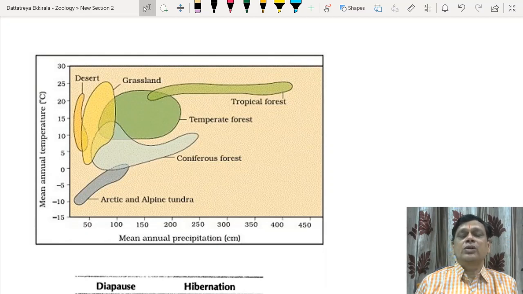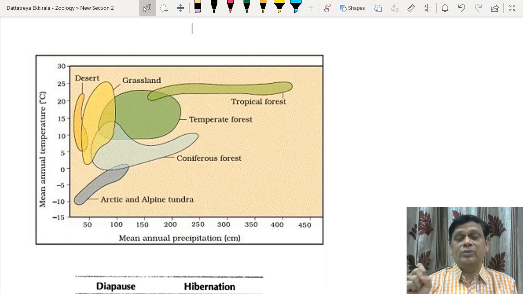Then biomes include a large number of landscapes. Landscape is a group of ecosystems. Ecosystem is biotic and abiotic, right? Now, what is the basis on which the Earth is divided into major biomes?